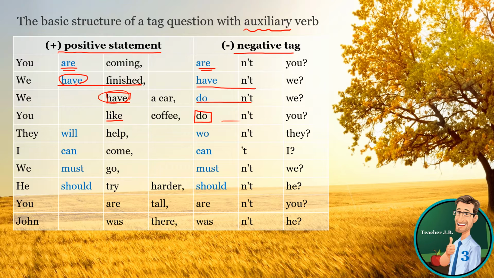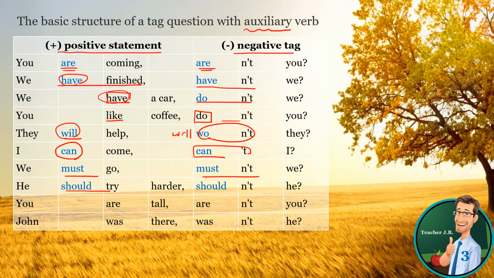They will help. Will is the auxiliary, and then we say will not, and will not is won't, right? And I can come, can't I? So take this auxiliary. We must go, and positive: mustn't we? Must not, mustn't we?